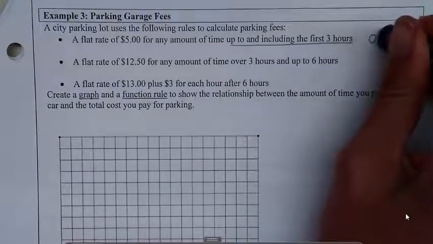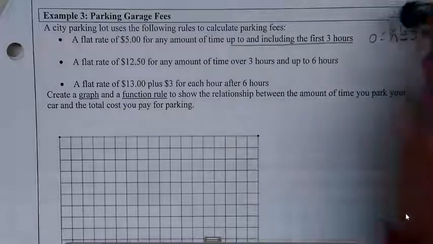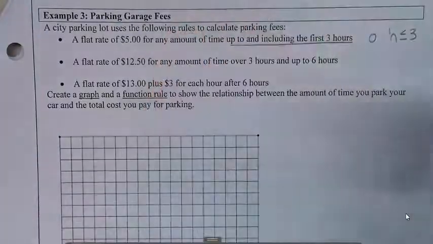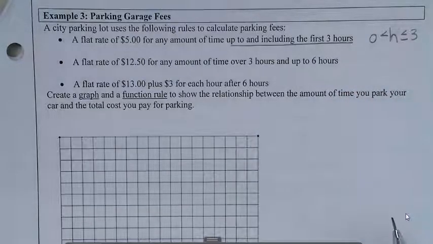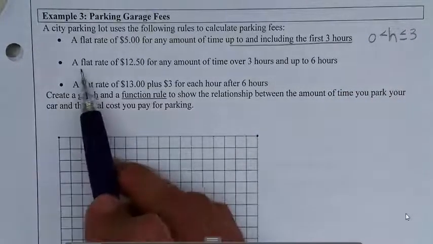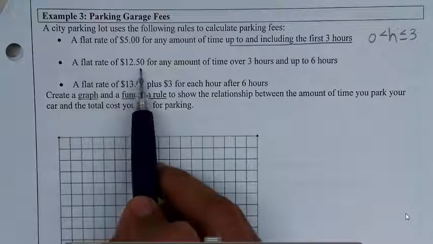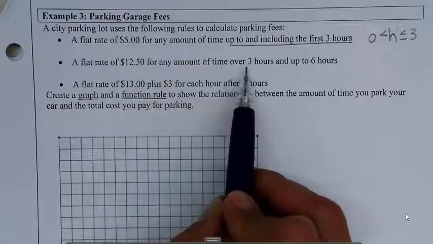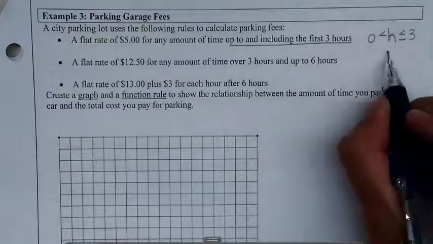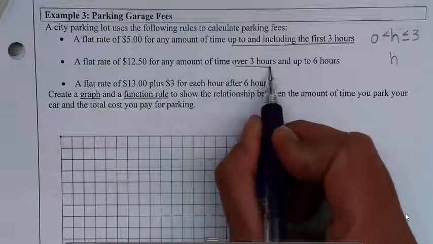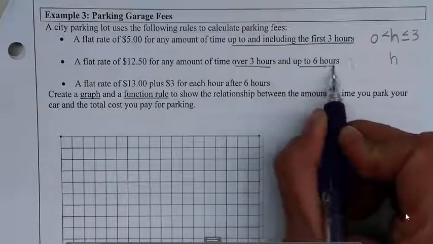Let's see if I can get rid of that. Okay. Second part is a flat rate of $12.50 for any amount of time over 3 hours and up to 6 hours. So here, I'm greater than 3 hours and up to 6 hours.